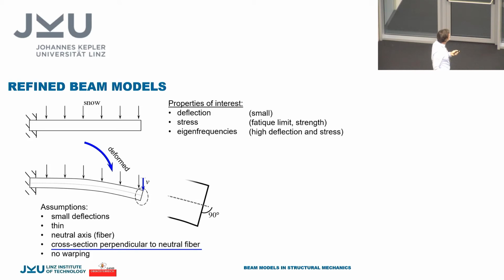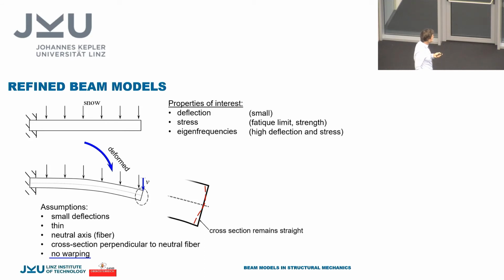And also what we can see from this figure is that there will be an angle which is approximately 90 degrees between the cross-section and this neutral fiber. And finally, we assume that this cross-section remains straight. This just says that distortions of this area will not occur.